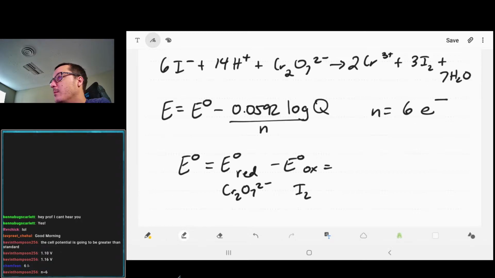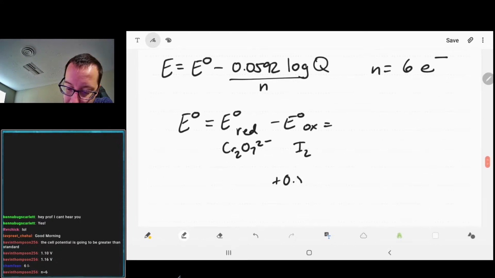Oh, iodine was the pain, right? Because everything is an I in this. Okay, I2, yeah. So it's 0.54. Iodine plus 2 electrons, yes. And then we have dichromate here. Chromium, that looks to be 1.33 volts.